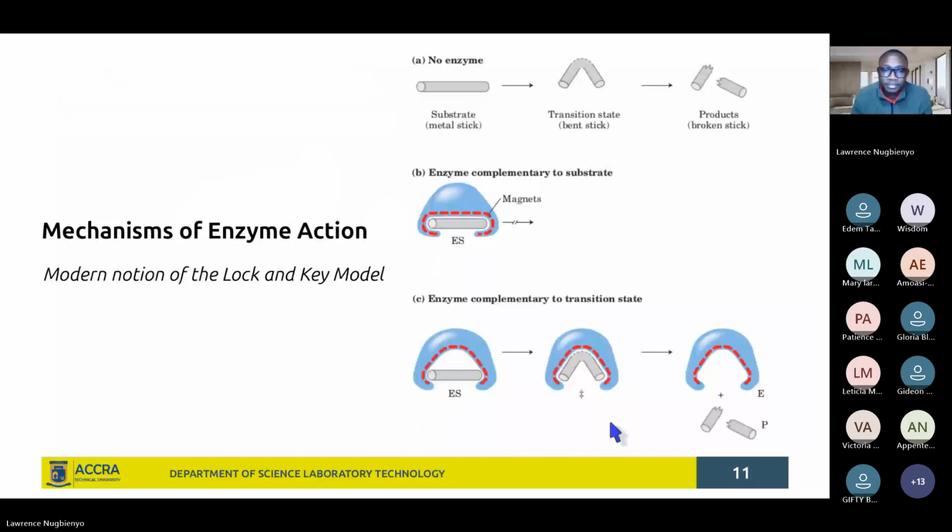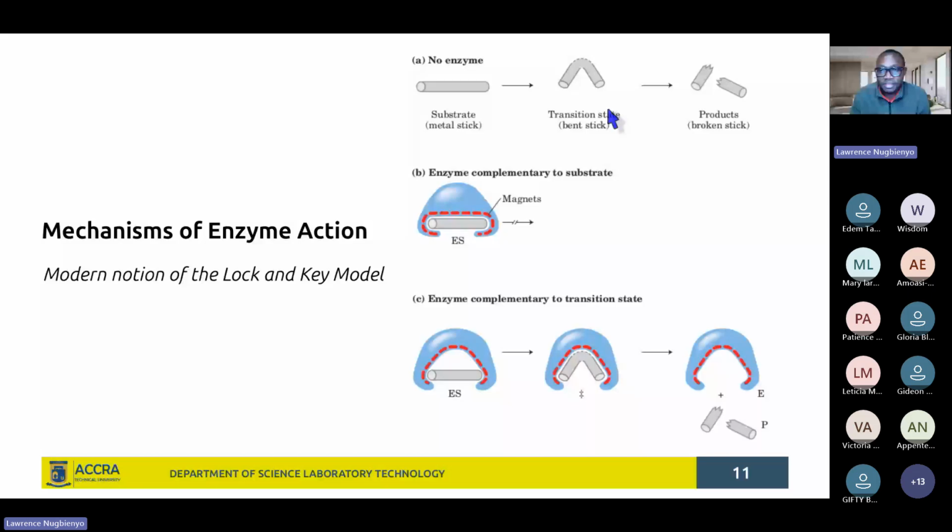But considering such a proposal, what it means is that, if, for instance, we take what you see, starting from the top, A. That's a depiction of a reaction without an enzyme. So a non-enzymatic reaction, a reaction which should occur spontaneously.